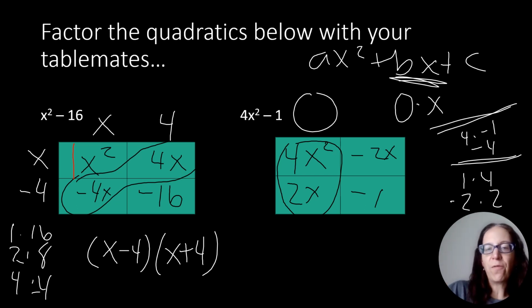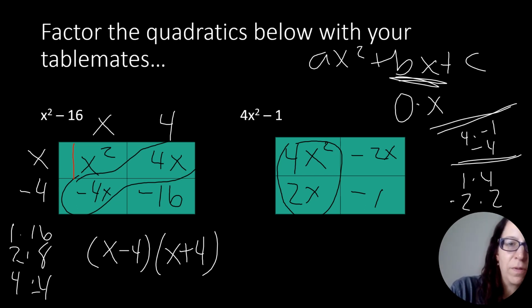So 2 and 4 have a common factor of 2, and x and x squared have a common factor of x. And from here on out, I can just do it with multiplication. So 2x times what would give me 2x? 1 times what would give me negative 1?